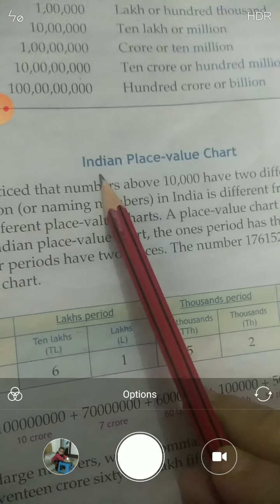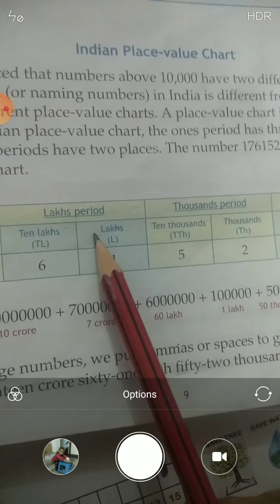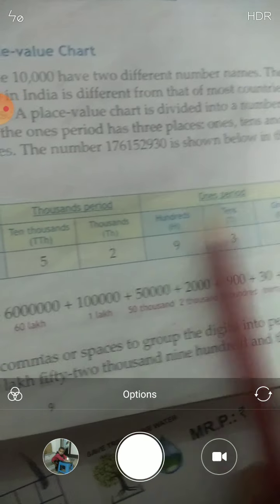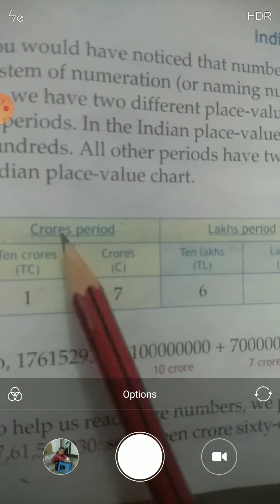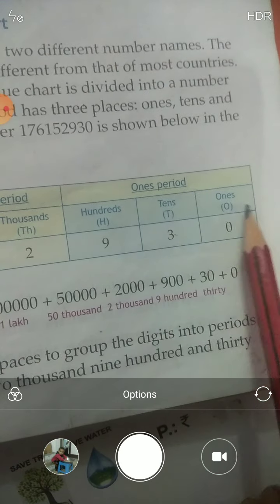Come to the Indian place value chart. This chart is given in your book. The Indian place value chart is divided into 4 periods: ones period, thousands period, lakhs period, crores period. The ones period is divided into 3 places: ones, tens, hundreds.